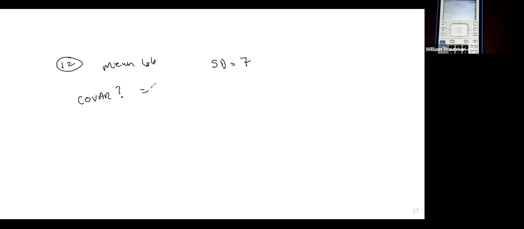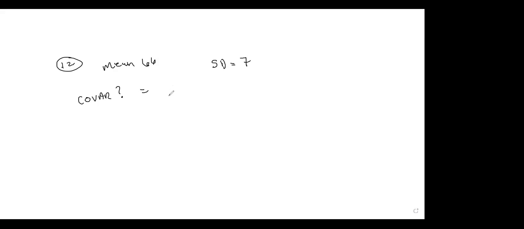You should be looking through somewhere. Hopefully you have a tab that says Covar and you can go right to it, and you'll know what the formula is. Anybody know the formula? It should be your standard deviation divided by your mean times 100%.